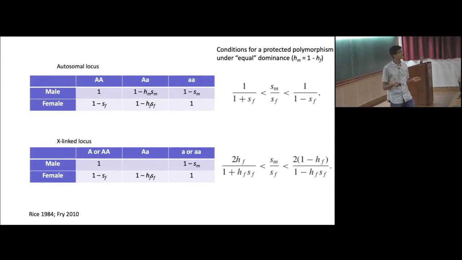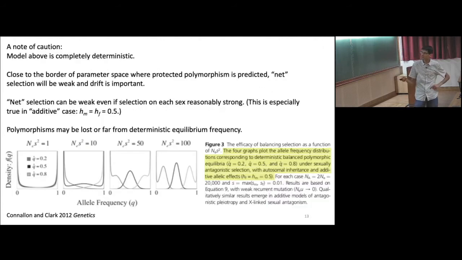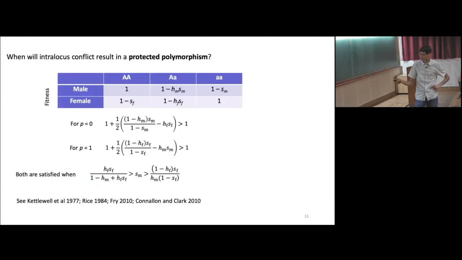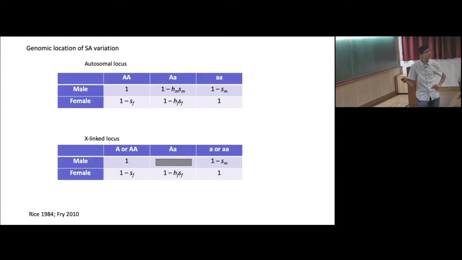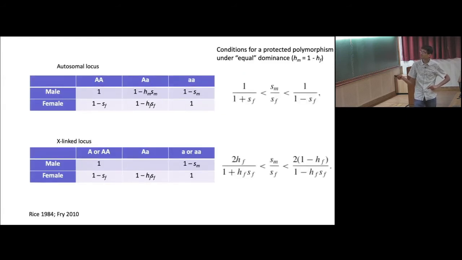And that seemed a very sensible assumption to people. The early classic work on this topic was this 1977 Kettlewell paper that I've cited here. And this work focusing on autosomes versus sex chromosomes comes from this Bill Rice paper in 1984, and both are based on that assumption of equal dominance between the sexes.